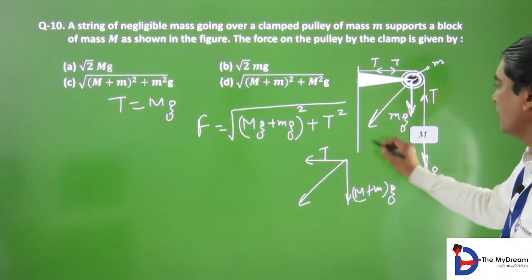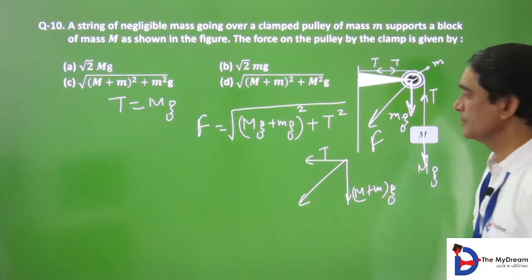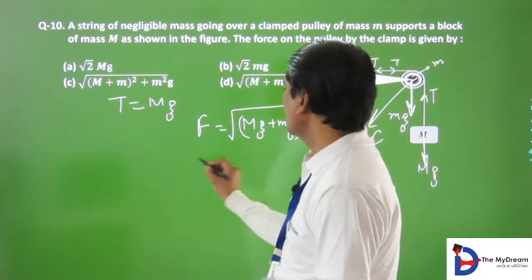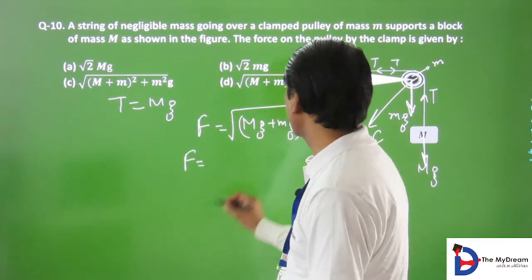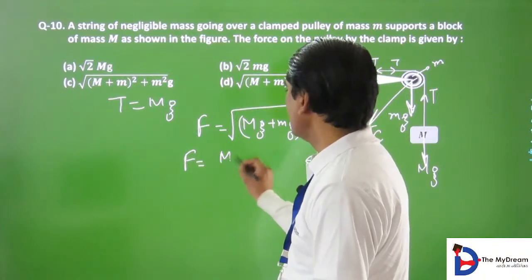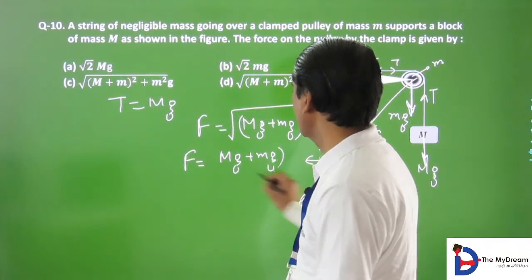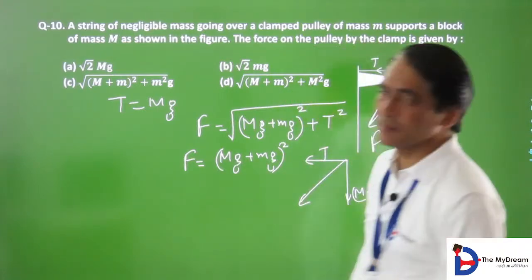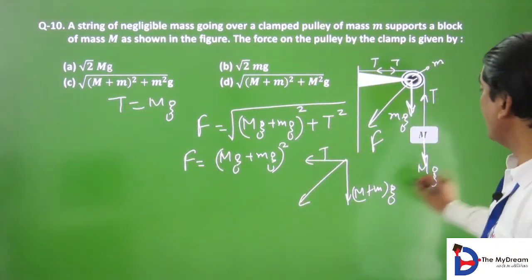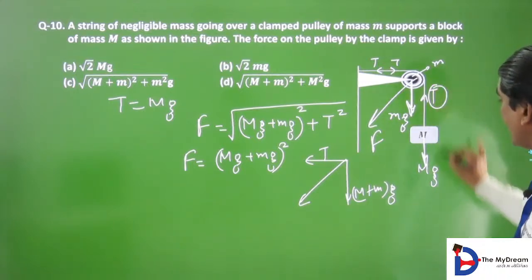The effective force is like this. So you can write mg plus mg, there is the square, and the value of T is Mg.